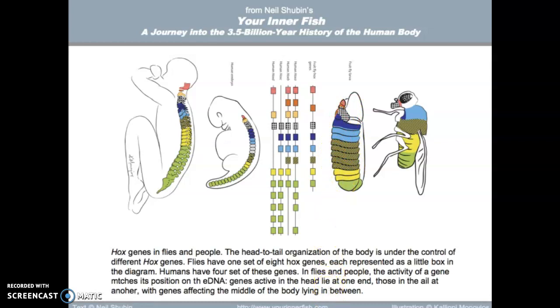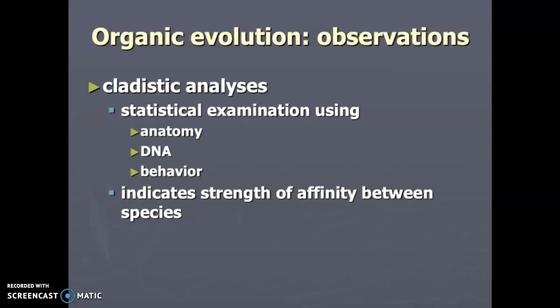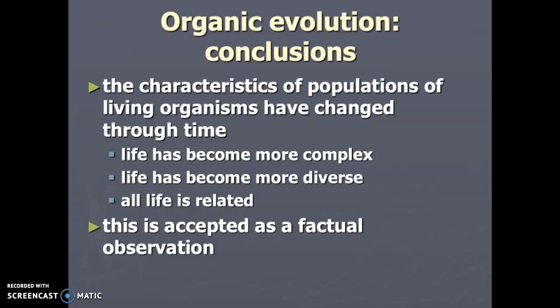So it shows you how closely DNA is tied between very, very different organisms. So how do we put this all together? In my historical geology class, we do something called cladistic analysis. We're not going to do that in here, but it's a way to statistically analyze all these similarities that we've been discussing. And it indicates how strong the affinity, or the relationship, is between different organisms and different species.